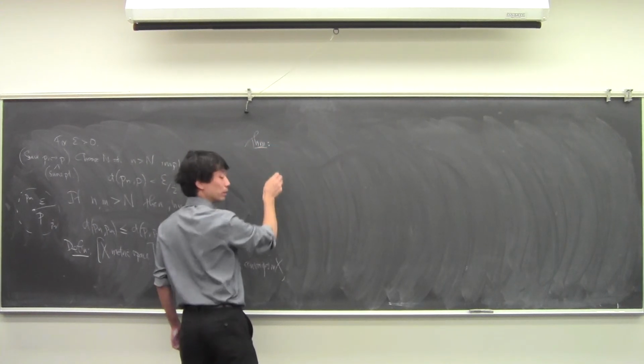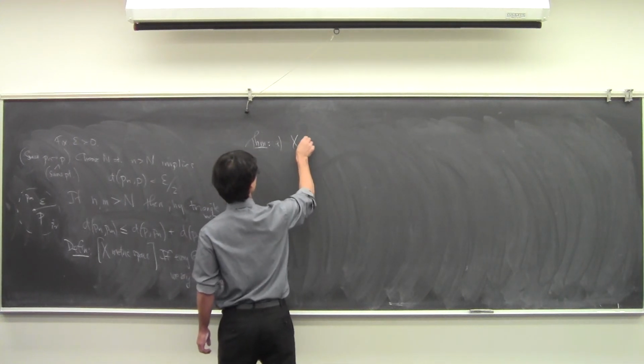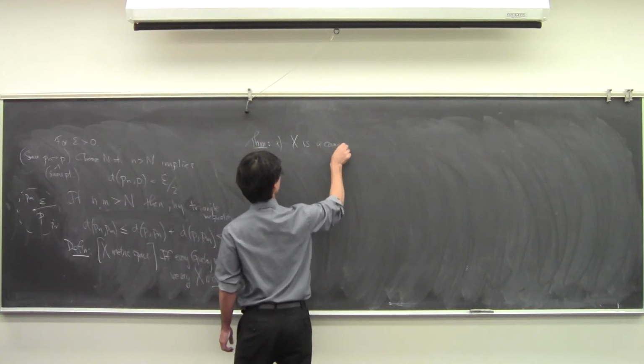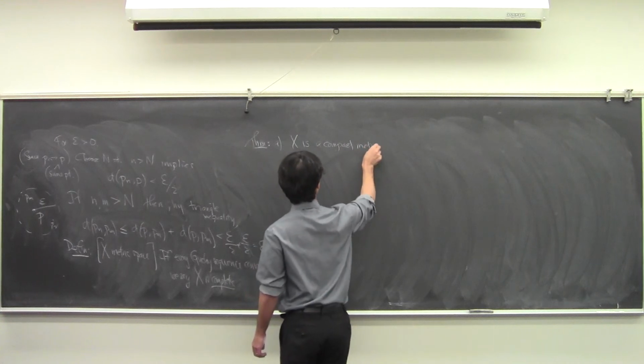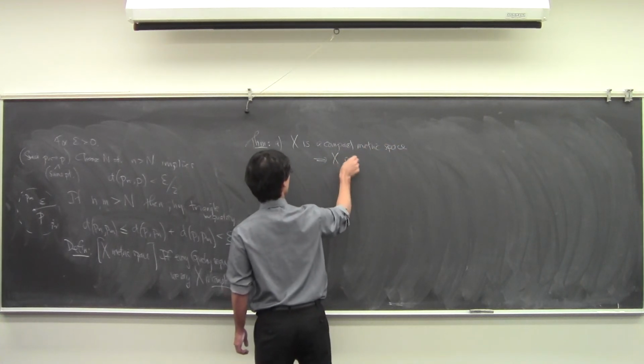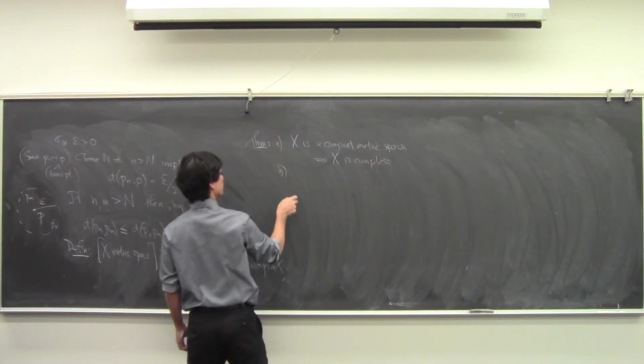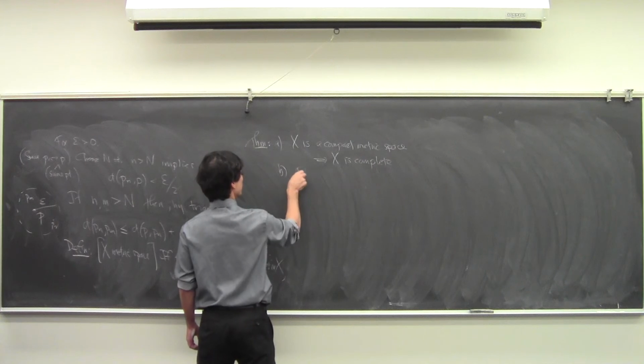So we do this in two parts. The first is to show that if X is a compact metric space, then X is complete. And the second is to show that R^k is complete.